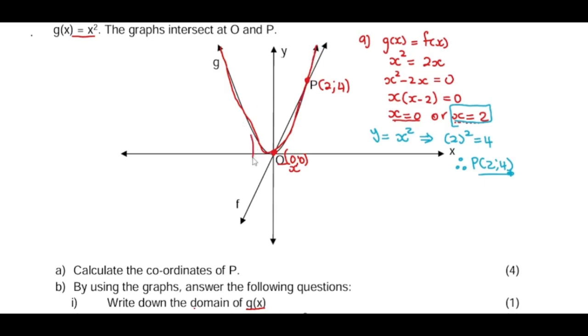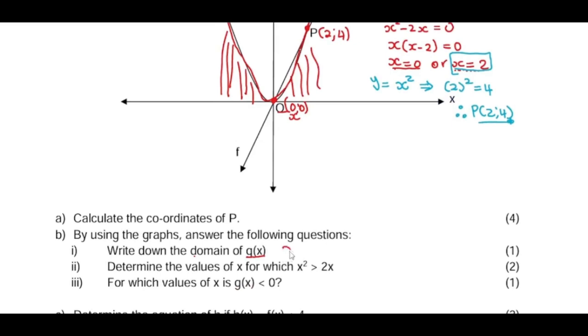As you can see, it takes all these positive and negative values. So the domain, x, must be an element of the real numbers, and you just have to give it like that, and you're definitely going to get that 1 mark.